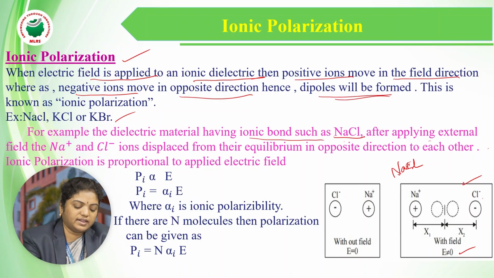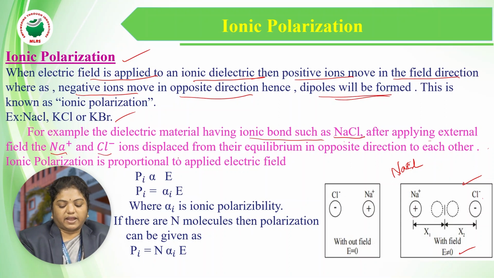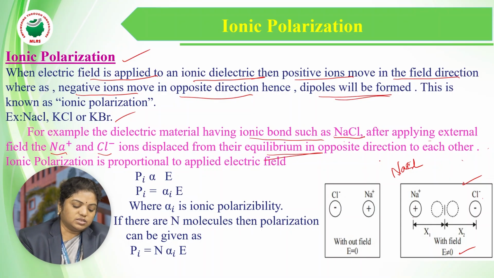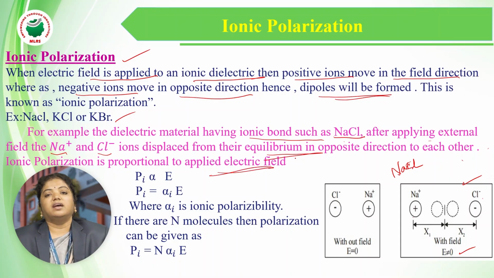Whenever we apply the electric field, the Na plus and Cl minus ions are displaced from their equilibrium position in opposite directions to each other. This ionic polarization is directly proportional to the electric field.